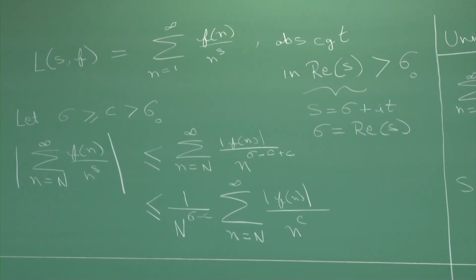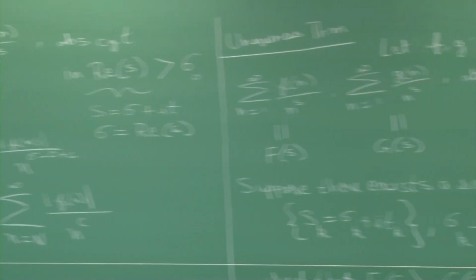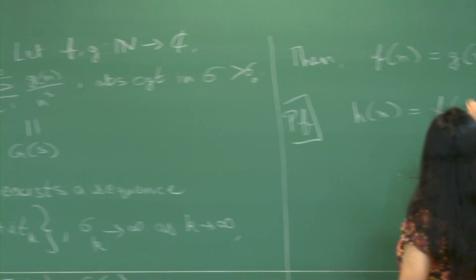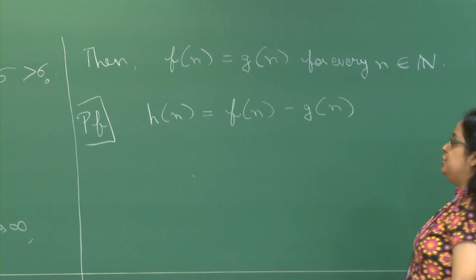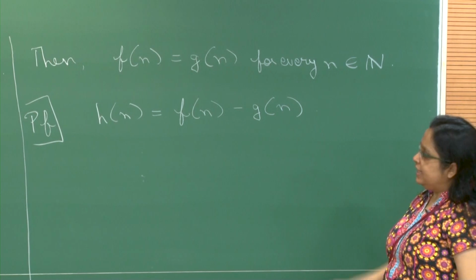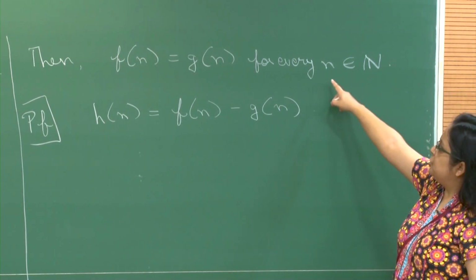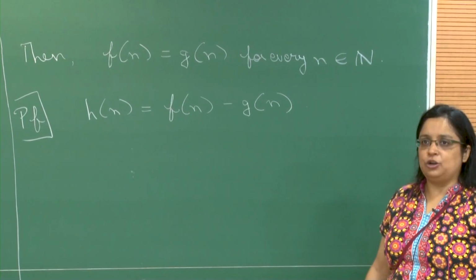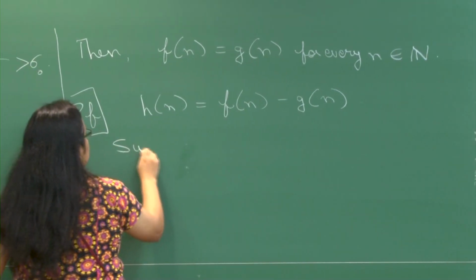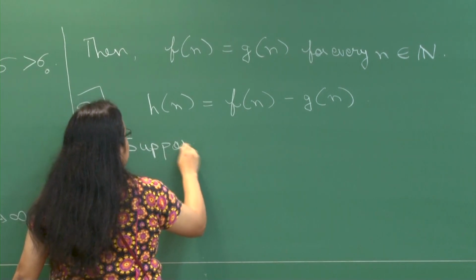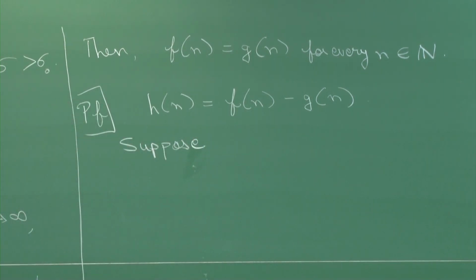So, let us take h of n equal to f of n minus g of n, and let us assume the contrary of what we want to prove. Suppose there are some natural numbers for which h of n is not equal to 0, and let capital N be the smallest such number.